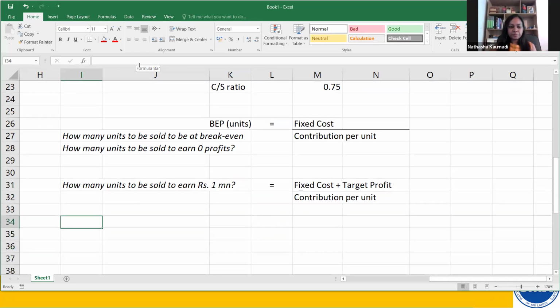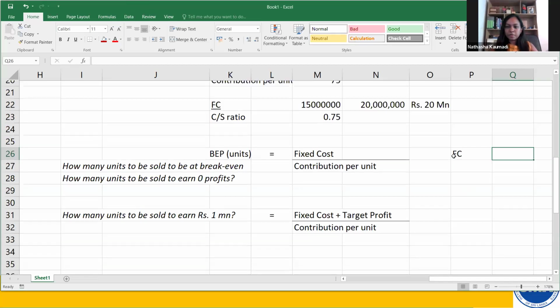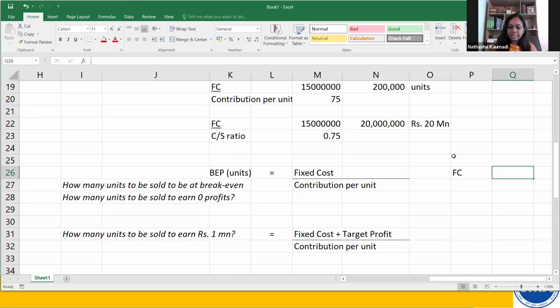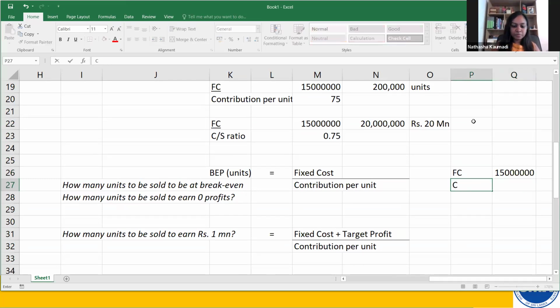Let's say in the same example, our fixed cost is 15 million, isn't it? How much is our contribution? It's 75 per unit.